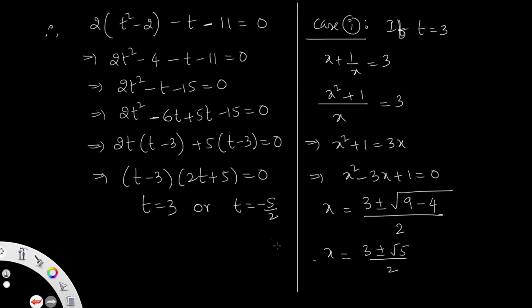So taking case 2, if t equal to minus 5 by 2, we have considered x plus 1 by x equal to minus 5 by 2.